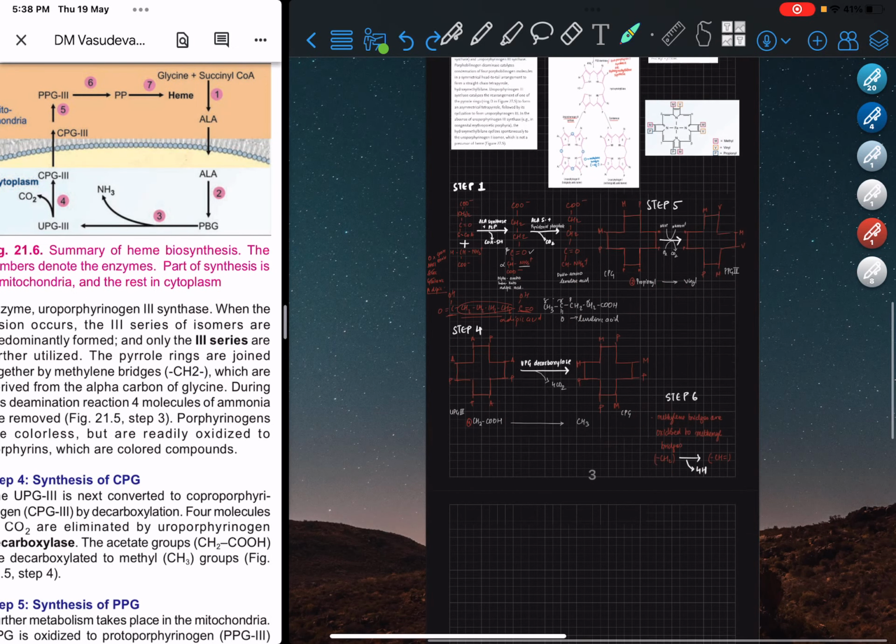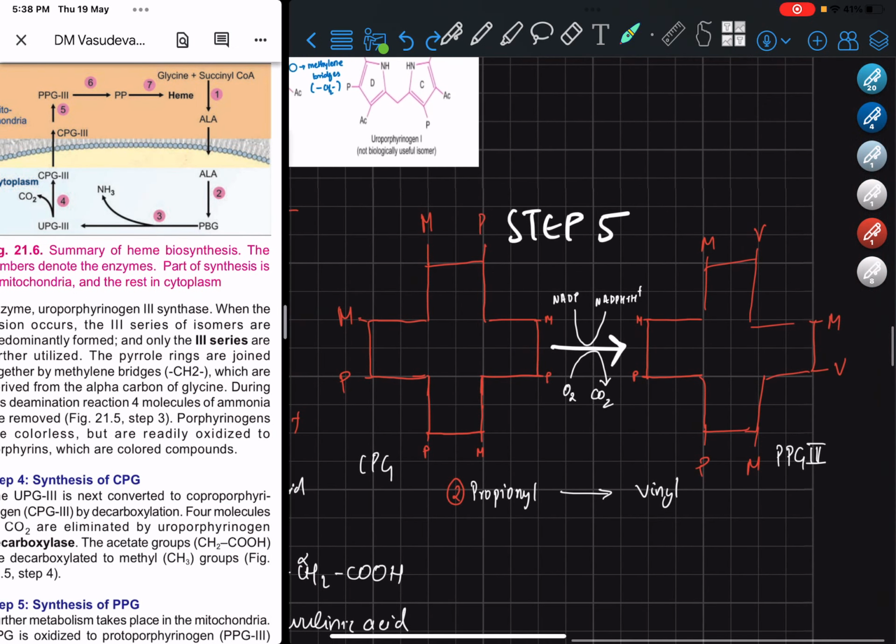So did I write about that? Yes, here. So if you see, this is your CpG3. You have 4 methyls and the 4 propionyls here. So the main part of this reaction is that 2 of the propionyl are converted to vinyl.